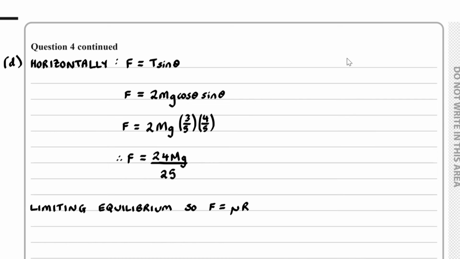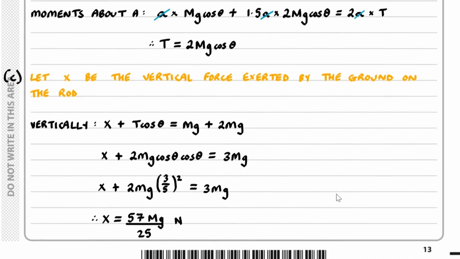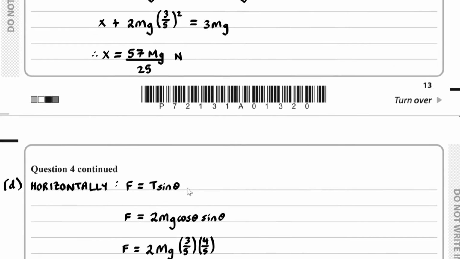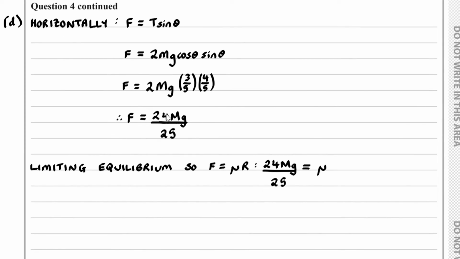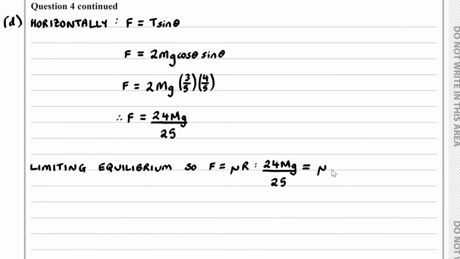Now, because it's in limiting equilibrium, F is equal to mu R. So we have F, 24 mg over 25, that's equal to mu multiplied by R, which in this case is X, that's the reaction force, which we found to be 57 mg over 25.